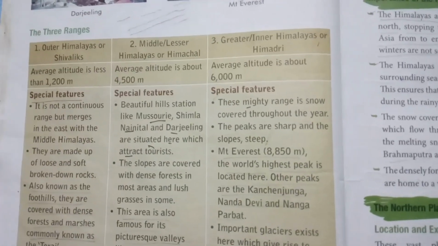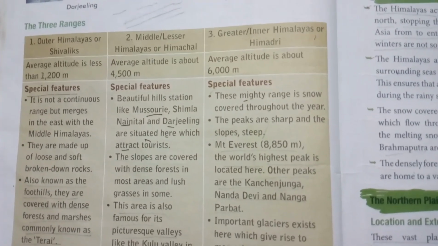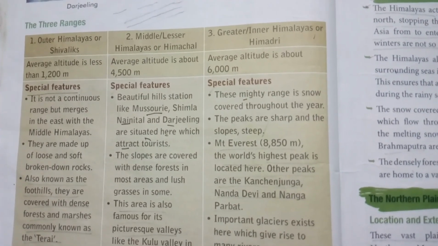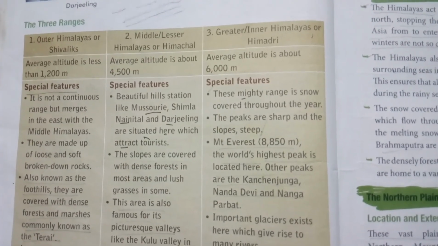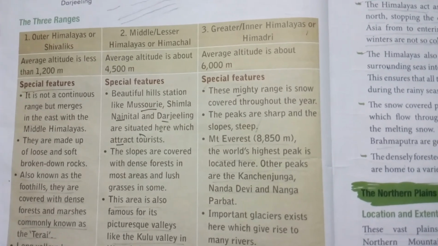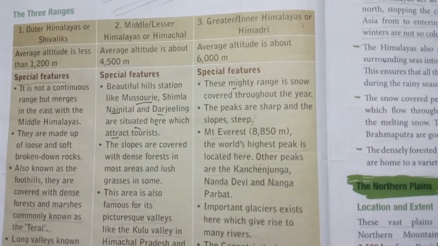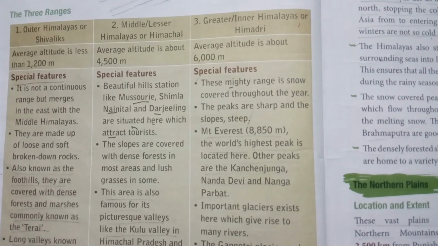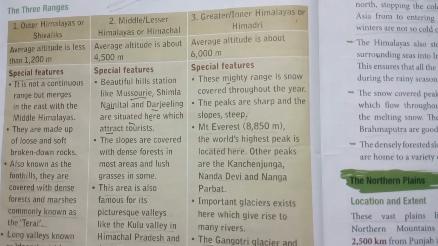Third is the greater or inner Himalayas or Himadri. Average altitude is about 6000 meters. These Himalayas are above the middle Himalayas. Special features: this mighty range is snow covered throughout the year.